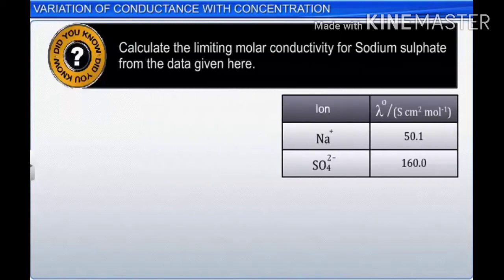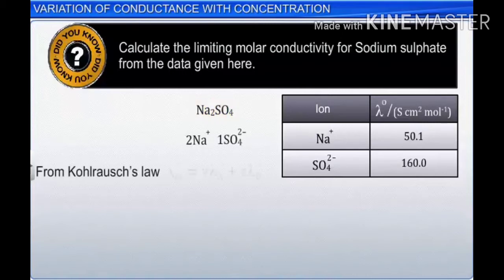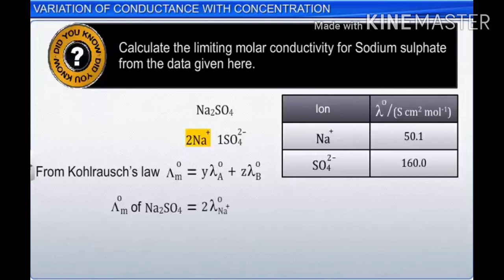From Kohlrausch's law, the limiting molar conductivity is equal to 2 times the limiting molar conductivity of sodium ions plus the limiting molar conductivity of the sulfate ions. Substituting the values from the table, we get the limiting molar conductivity of sodium sulfate as 260.2 Siemens centimeter square per mole.